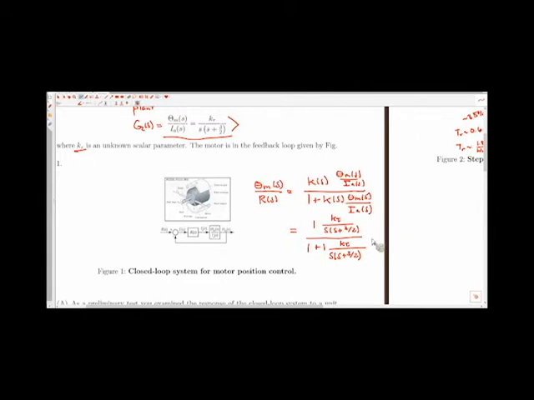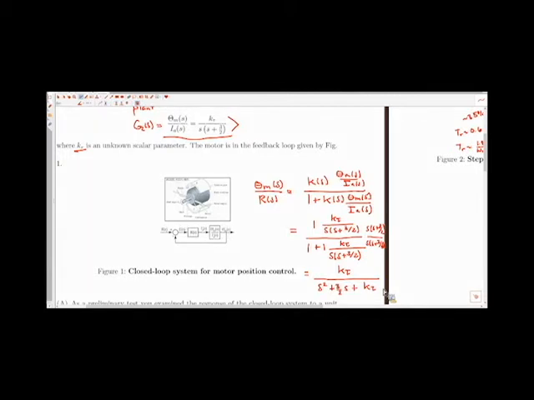So we multiply top and bottom. So now this looks like it's in our standard form for a second order underdamped response system.